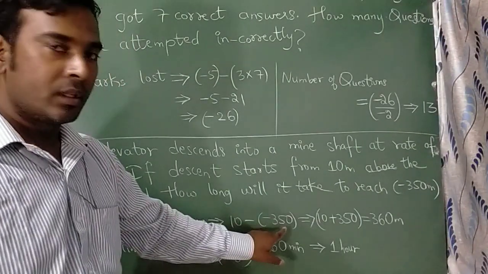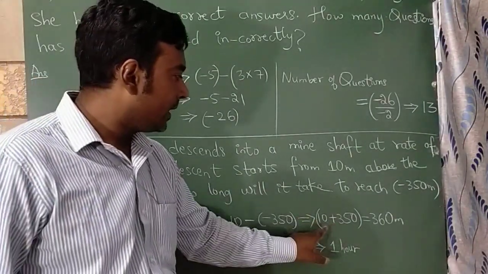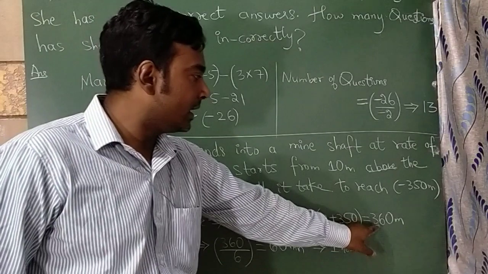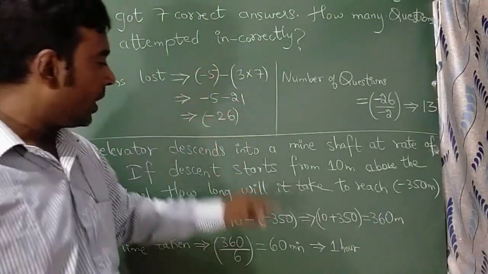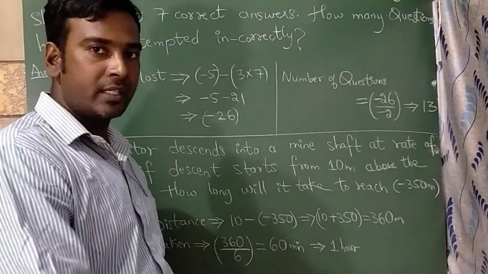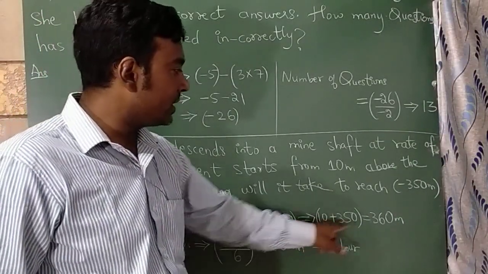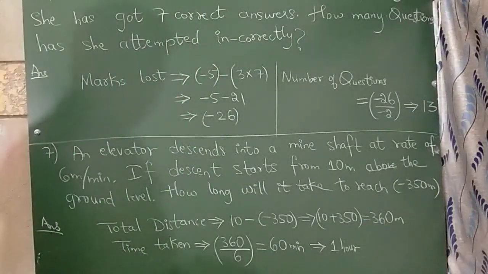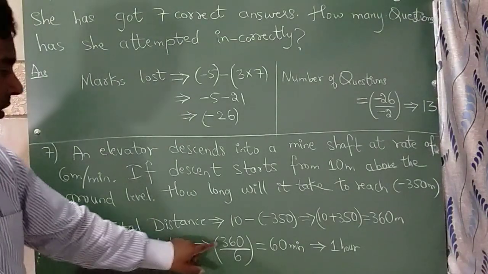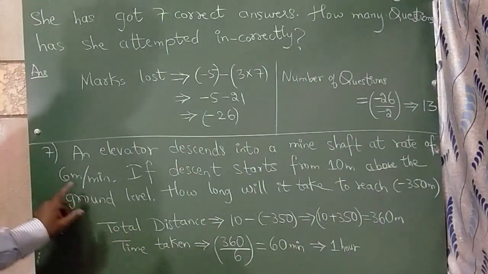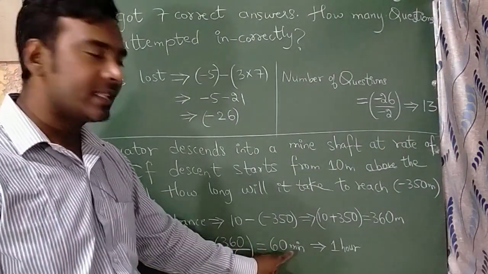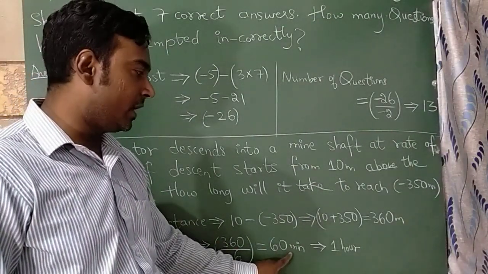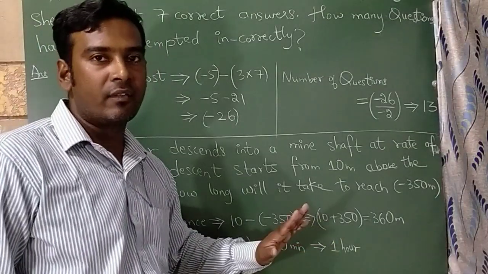Okay, so minus into minus is plus. 10 plus 350 is 360 meters, because 10 meters is above and 350 meters is below, so it is 360 meters total. So how much time taken? So 360 divided by 6, because it is 6 meters per minute. So 6 sixes are 36, it is 60 minutes. You can write 60 minutes or you can write 1 hour.